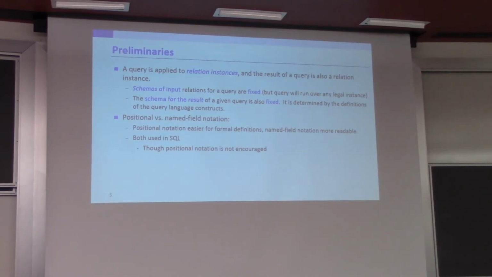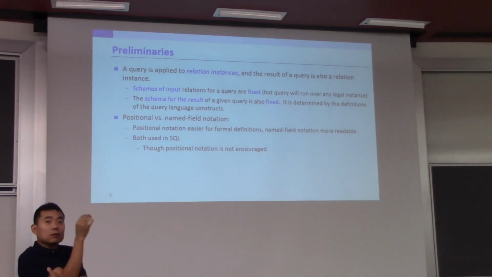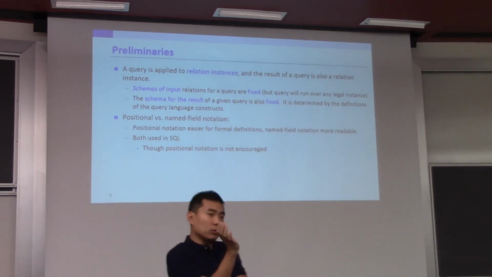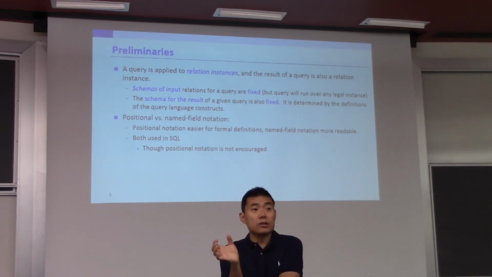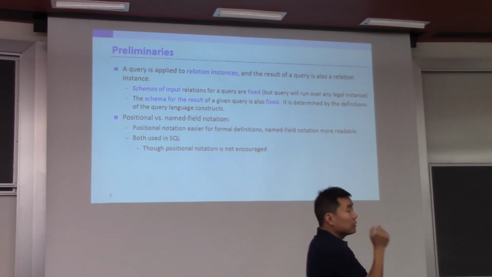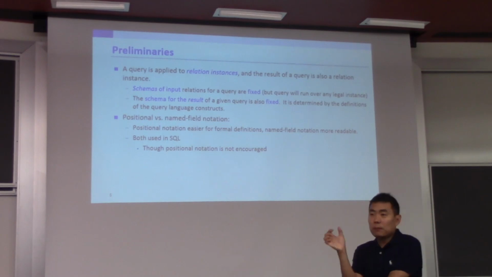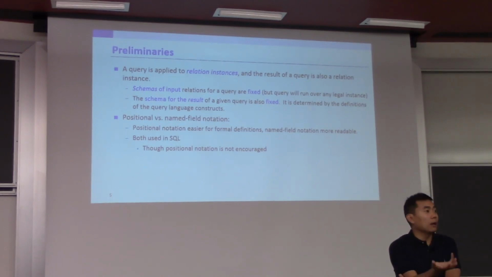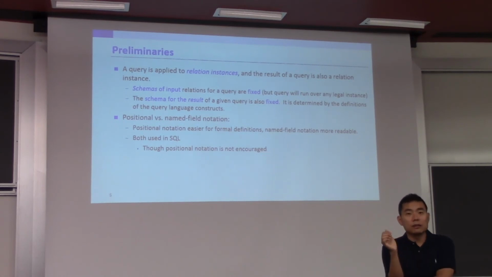I will come back to this slide later on, which basically says once you understand the input to a relational query is relations, you will quickly realize that the schema of the input is fixed, because you are supplying a relation and the relation has a fixed schema. This is fairly easy to understand.